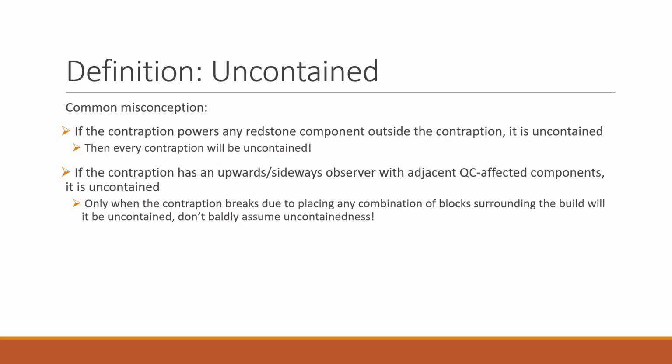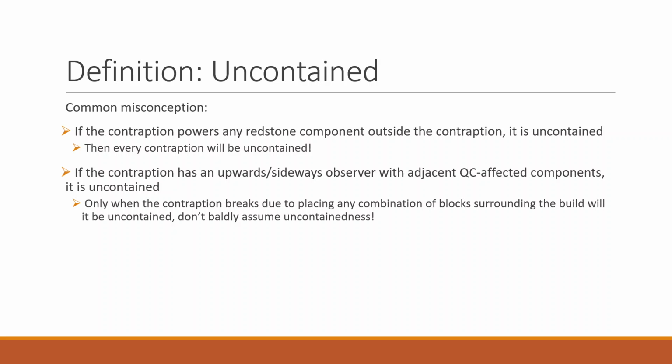What this means is that if somehow placing a solid block, for example, next to the observer may quasi-connect and power the quasi-affected components, but the contraption still works, then it's actually still contained. So you just have to make sure that the contraption works with any combination of solid blocks or immovable blocks or whatever. And basically, don't boldly assume uncontainedness.